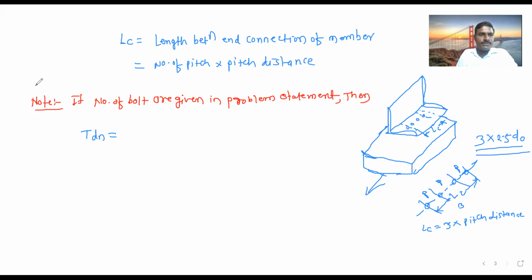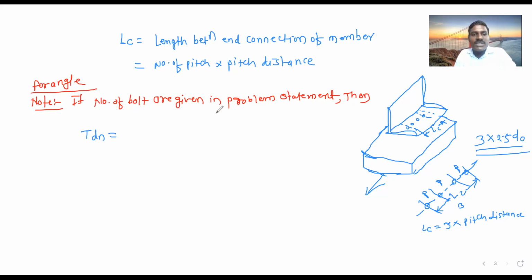What is TDN? TDN means design strength due to rupture of critical section or net section. For angle there is one more formula. One formula with beta is done. This is the formula for alpha. But when we have to use this formula, the condition is given.